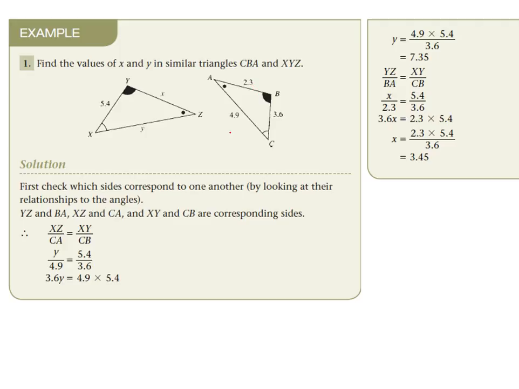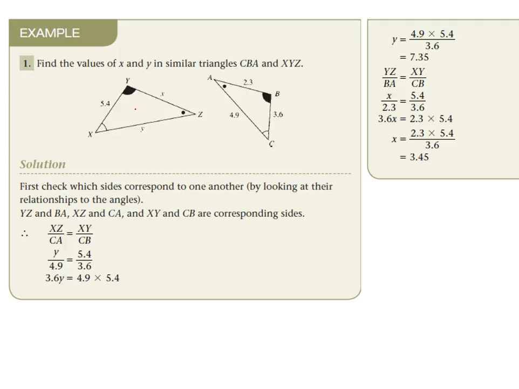Okay, so we can work out the unknowns by doing ratios where one of the sides is the unknown. We can only do one at a time though. So in the solution that they've provided here, they've written that XZ, so X to Z, corresponds to C to A. So y over 4.9 is equal to 5.4 over 3.6.